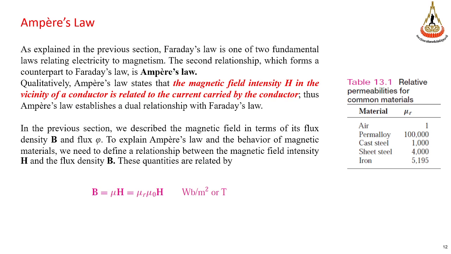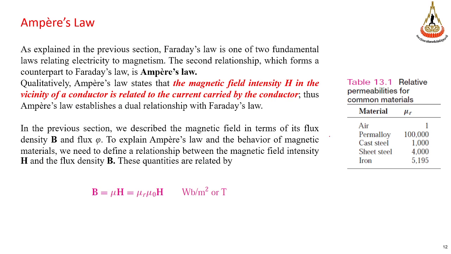Okay, now I talk about Ampere's law. Ampere's law states that the magnetic field intensity, H, in the vicinity of a conductor is related to the current carried by the conductor, and the relation between the magnetic flux density and intensity depends on the medium.